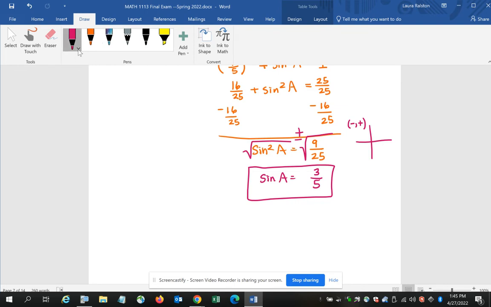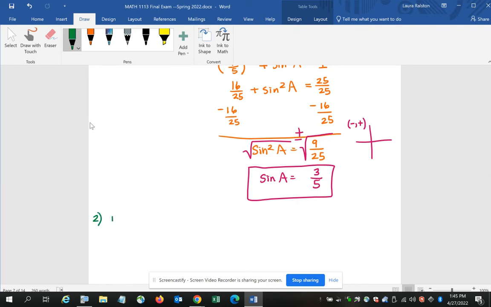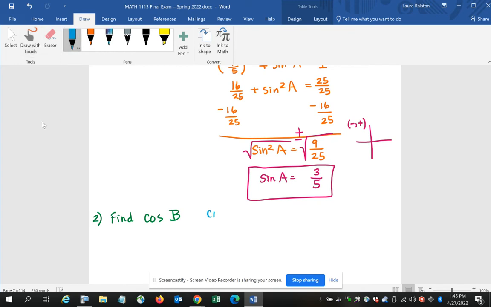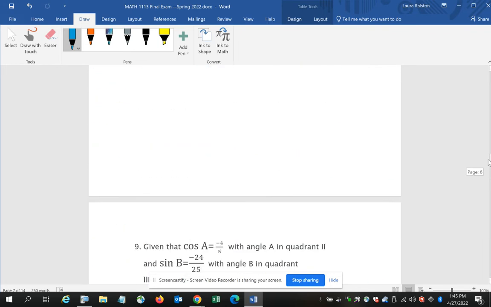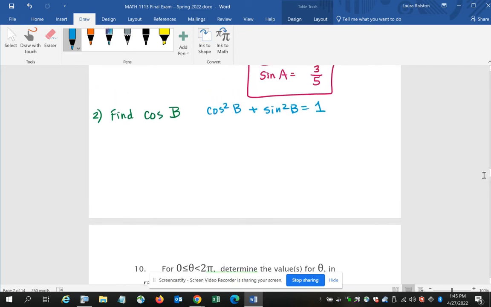Then I go back and start over, and I've got to find cosine of B. Again, I'm going to apply the Pythagorean identity. I'm still going to use cosine squared B plus sine squared B equals 1. Sine was given as negative 24/25.